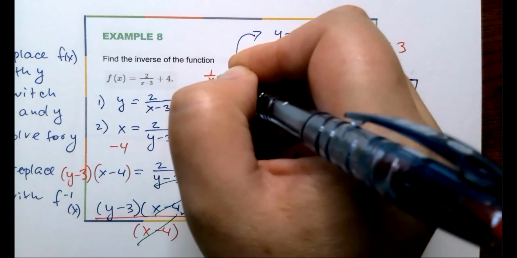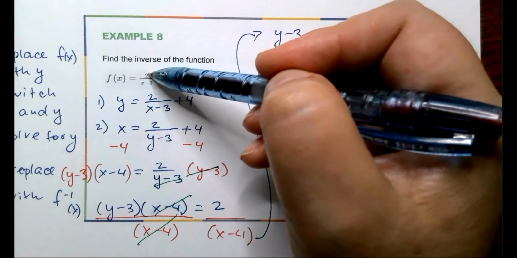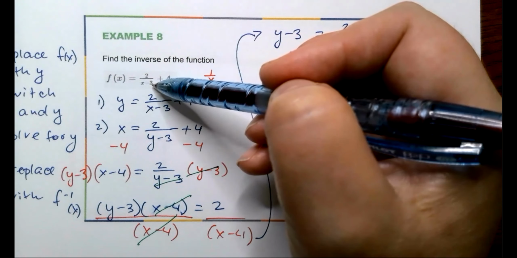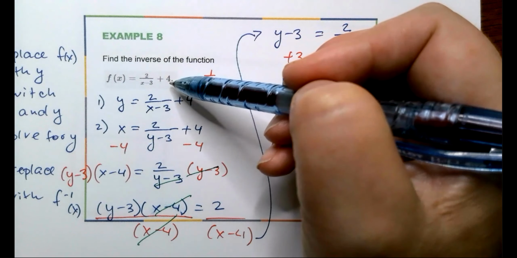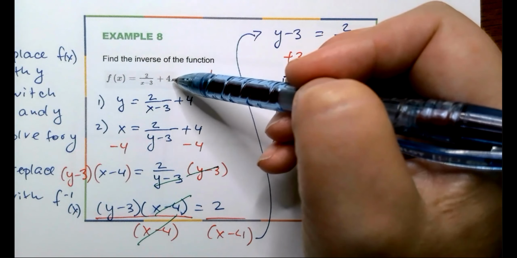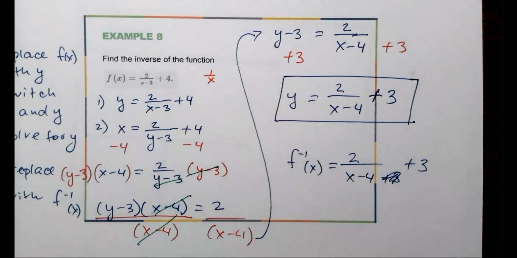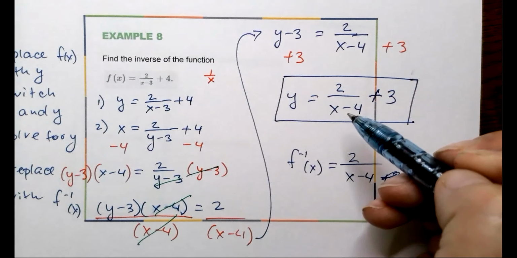It's the 1 over x function, but it's stretched by a factor of 2. Also, it's moved over 3 units to the right and also 4 units up. All right, so I'm gonna graph this function and the inverse.